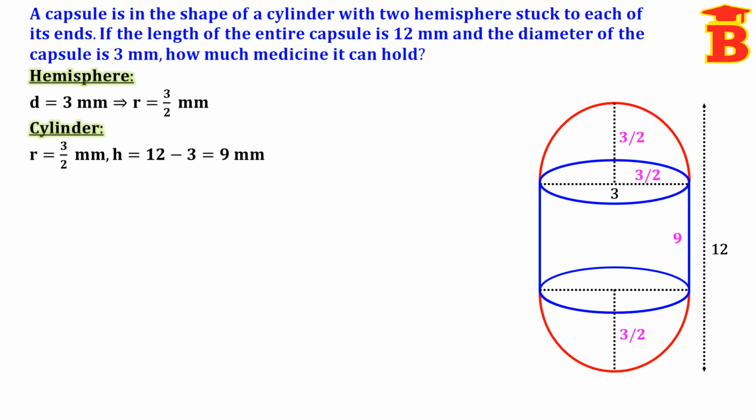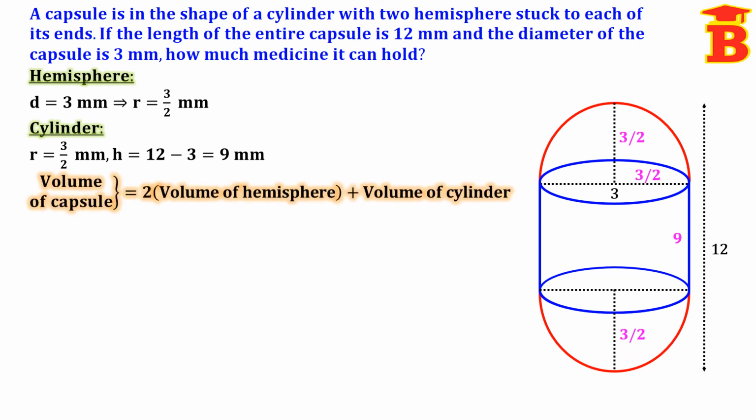Now the question is, we have to find how much medicine it can hold. That means we have to find the volume of this entire shape. So the volume of the capsule is equal to 2 times the volume of the hemisphere plus the volume of the cylinder.